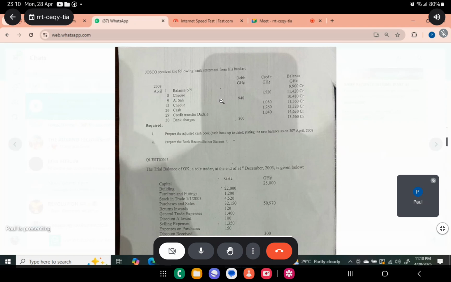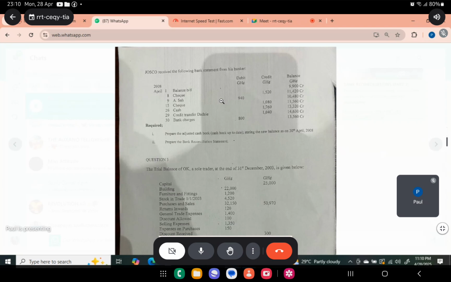Since it's not showing there, you need to correct it, but we will use the adjusted cash book to correct it. And by decreasing your money, you need to credit it. That is why the bank charges is showing at the credit side. Is that okay? Yes, thank you. All right, don't mention it.